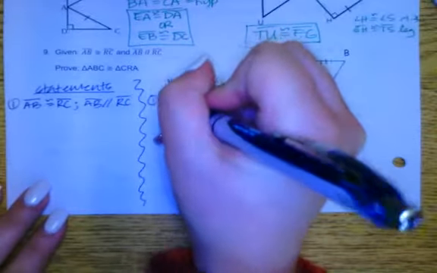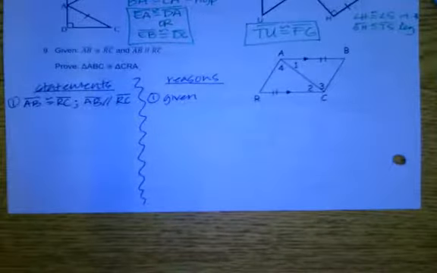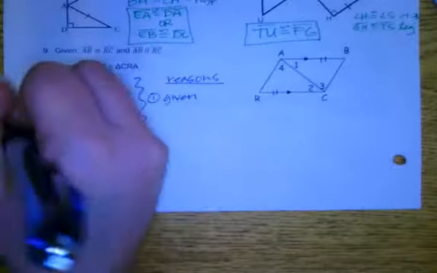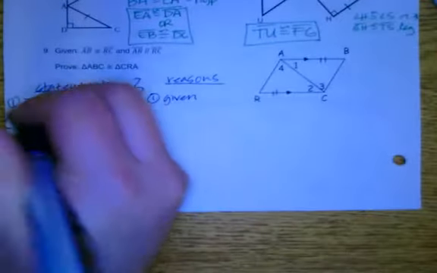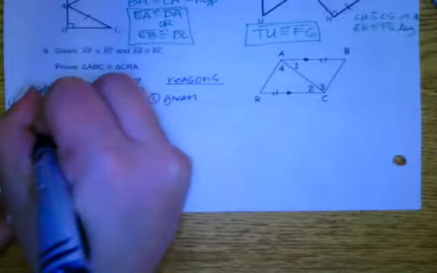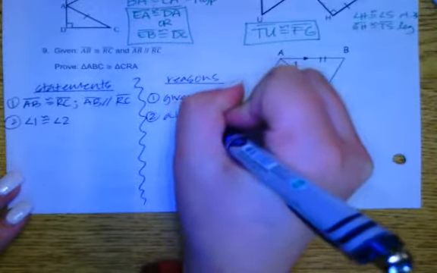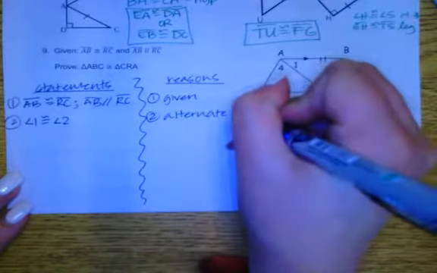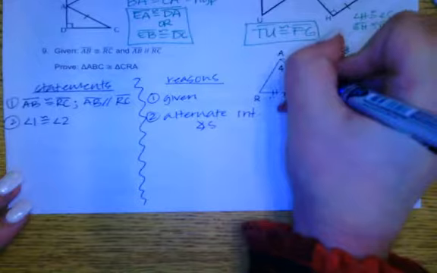Okay, somebody give me something. Ooh, why? Alternate interior angles. I like it. Somebody give me something else. Why?